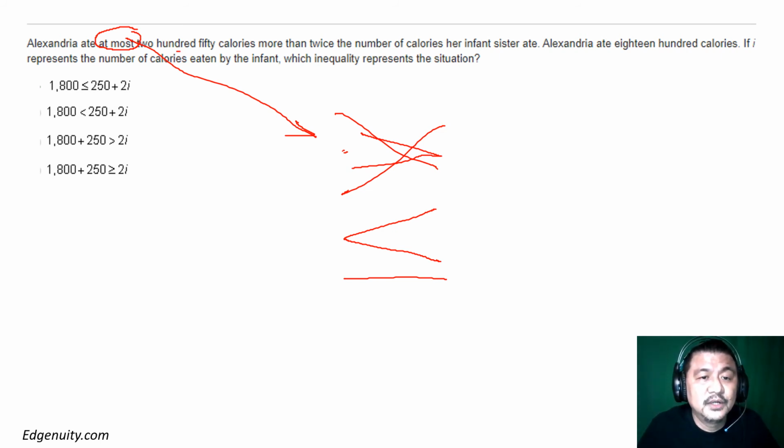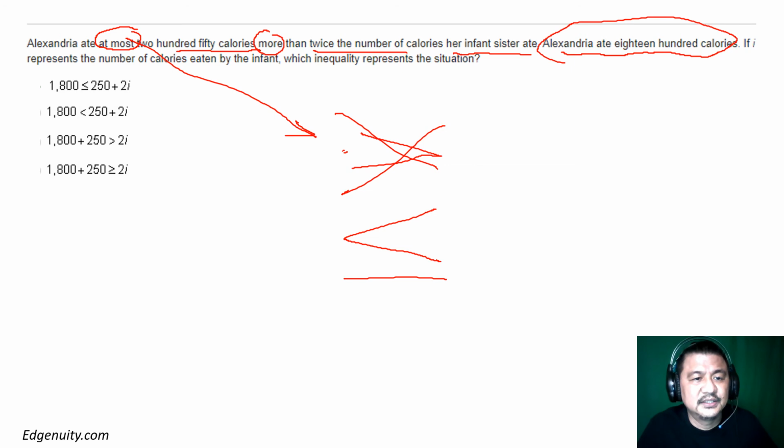Okay. 250 calories more than twice the number of her infant sister, Alexandria ate 1800 calories. So 1800 calories was there, but it has to be what? At most. So 1800 was there.